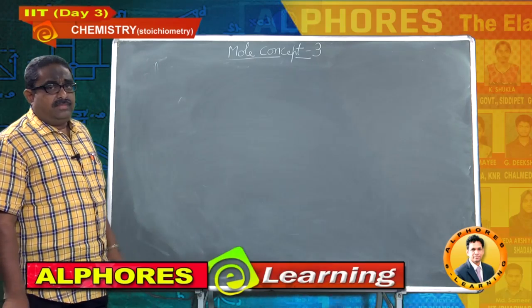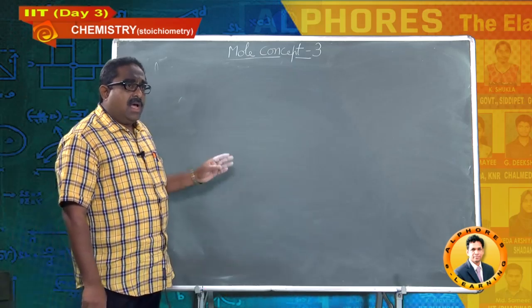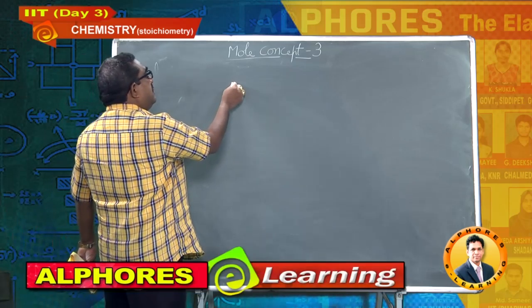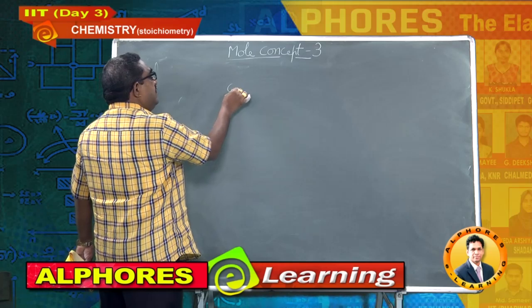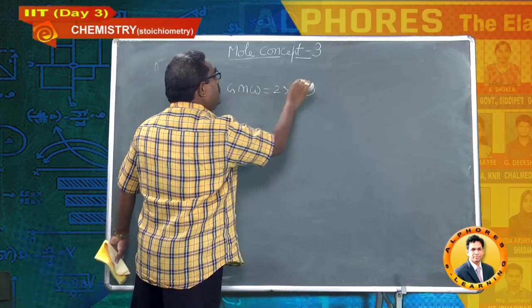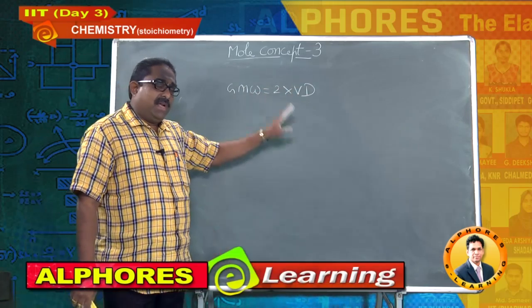In the next session I will go for this concept: for a gaseous substance, GMW is equal to 2 into vapor density. I will derive this expression and explain it.